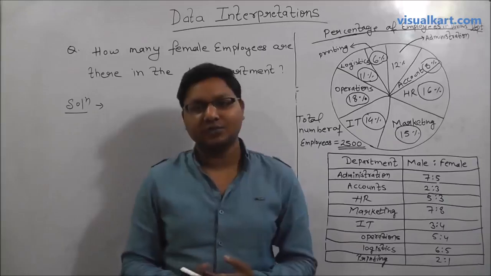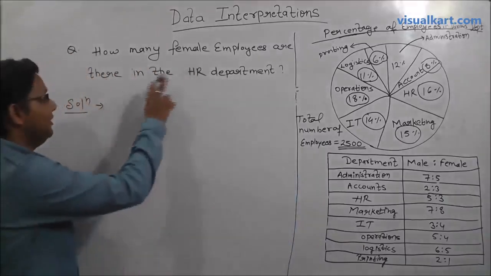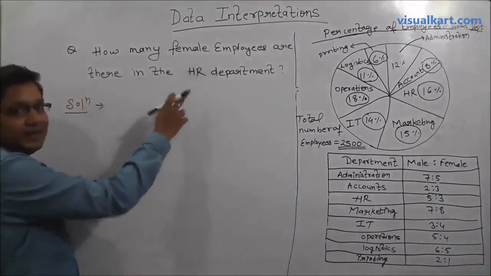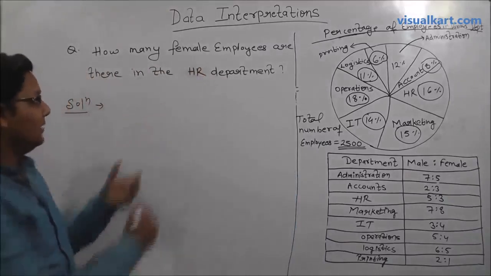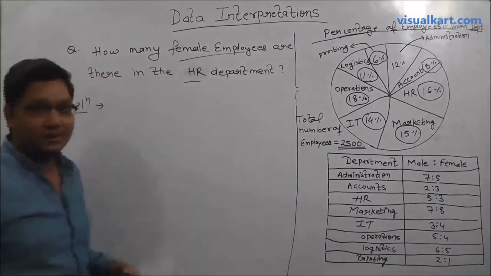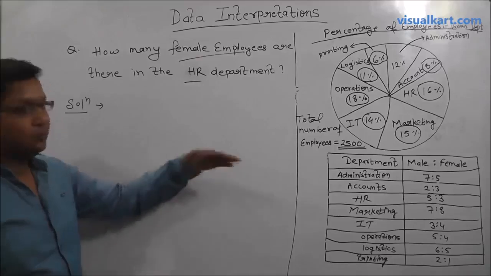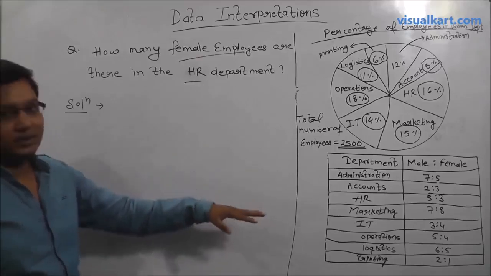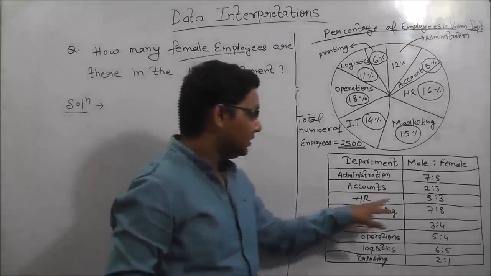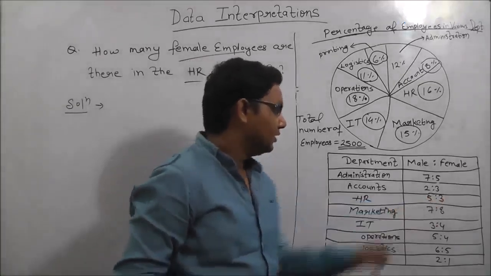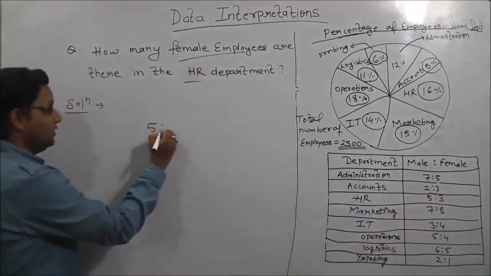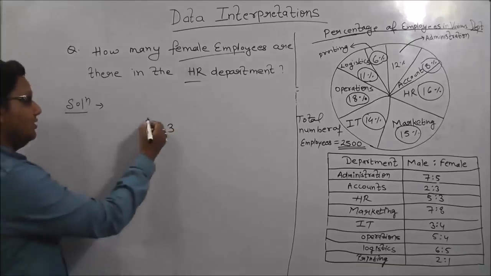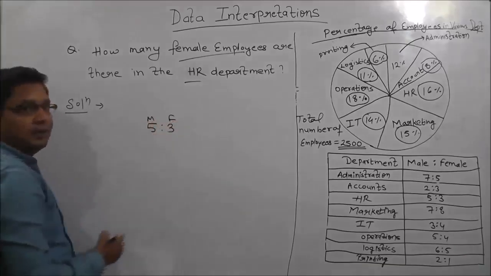So let's move on to our next question, that is, how many female employees are there in the HR department? We have to find the female employees in the HR department. First we have to see the table. In the HR department the ratio is 5:3, where this is the male part and this is the female part.